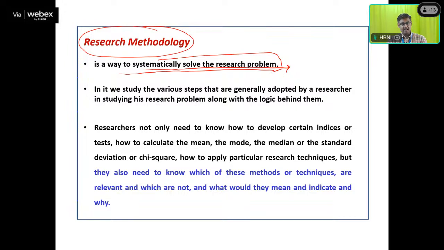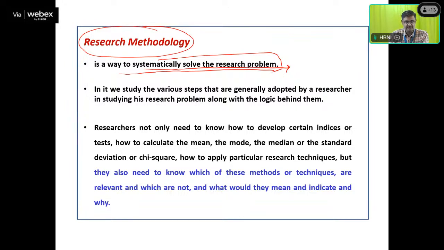And I also collect data on the properties of the material, say the structure, the local structure, the morphology, the redox properties, the thermal stability, the electrochemical conductivity of the material, and then establish a correlation between the catalytic activity and these parameters, identifying which parameters will increase the activity and which will decrease it. So systematically solving the research problem is the research methodology.